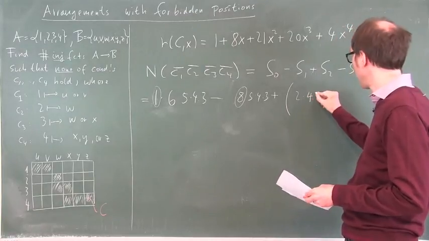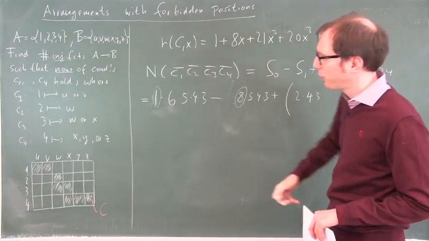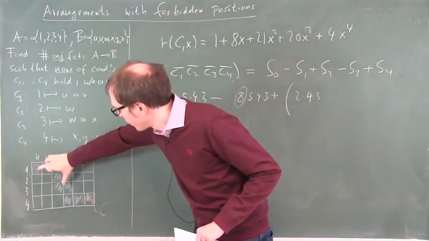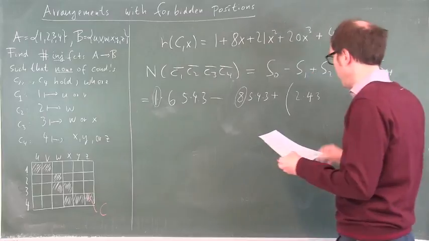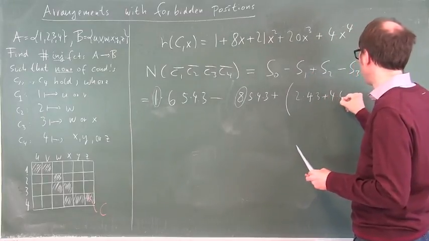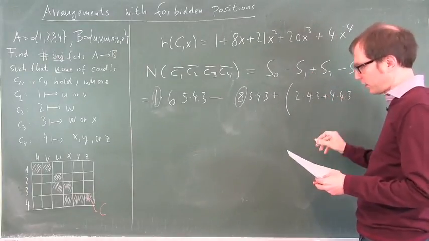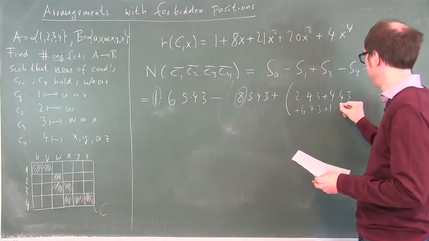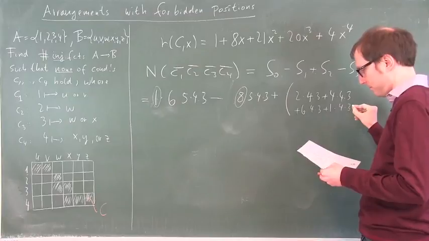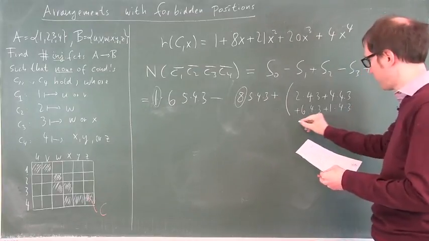Now if we go for all the possibilities here we would have 1, 2, 3, 4. We get 4 times 4 times 3, and so forth. Times 3.